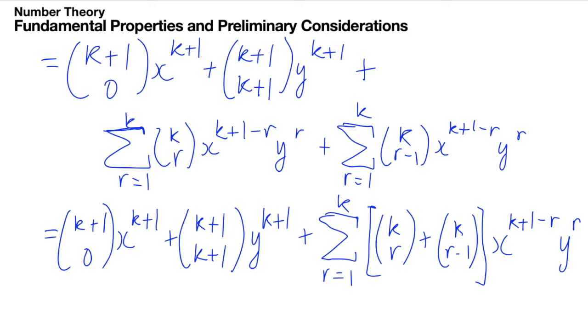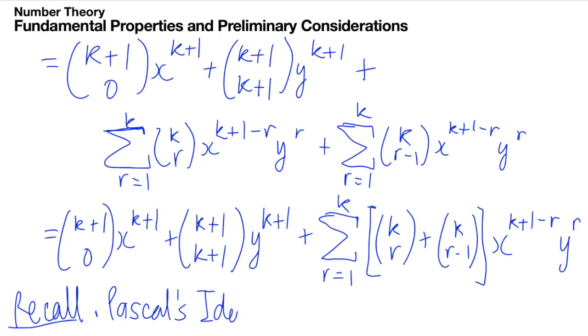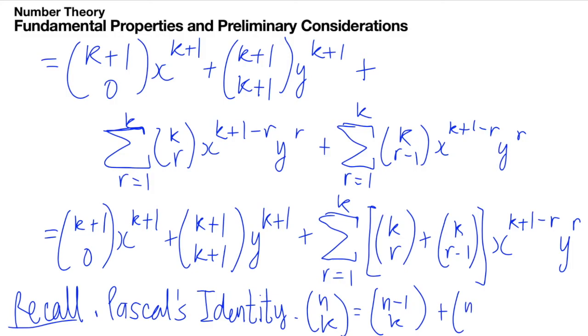So we will try to recall the Pascal's identity, which I'm going to write here, which states that n choose k is equal to n minus 1 choose k plus n minus 1 choose k minus 1. Okay, so that's pretty much our Pascal's identity.